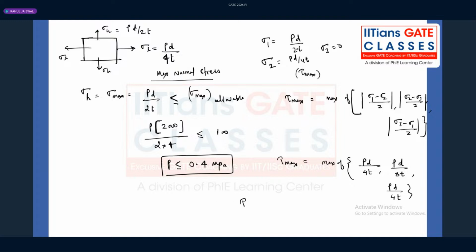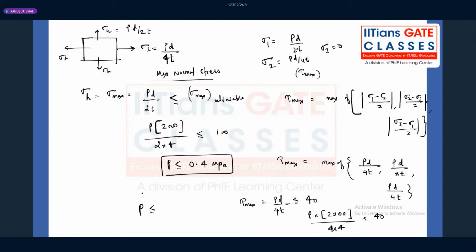So tau max, which is nothing but PD over 40, should be less than or equal to tau max allowable. What is the tau max allowable? 40. So if we try to calculate, this P value should be less than or equal to 40 into 4 into 4 over 2000.